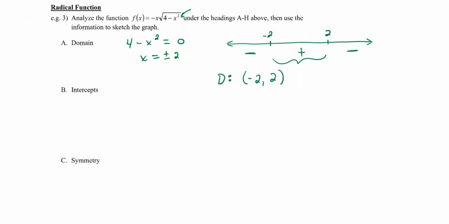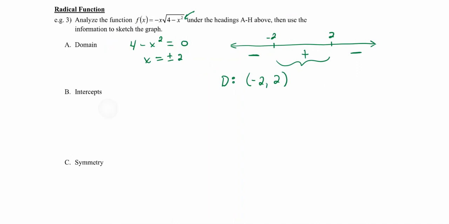All right, so for my intercepts, let me do my x-intercept first. For my x-intercept, my y has to be 0, so it'd be 0 is equal to negative x times the square root of 4 minus x squared. For this one, it's kind of like we're already in factored form, where I can ask myself, what would x need to be to make this equal to 0?